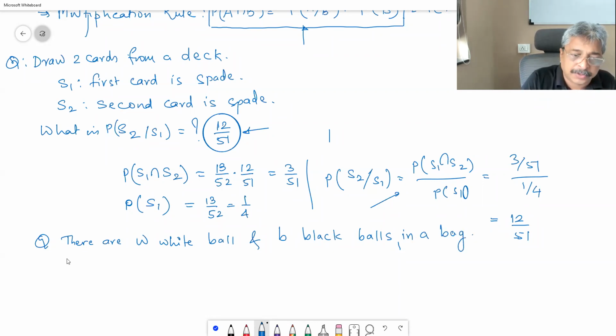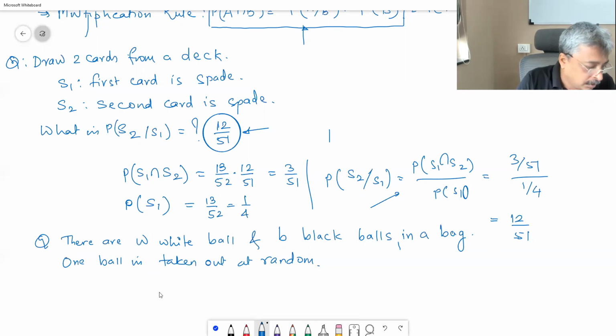Question. One ball is taken out at random without looking at the color of that ball.